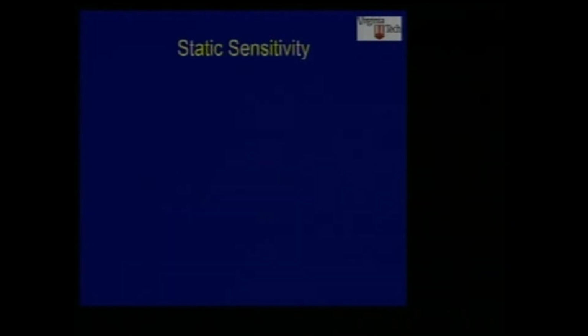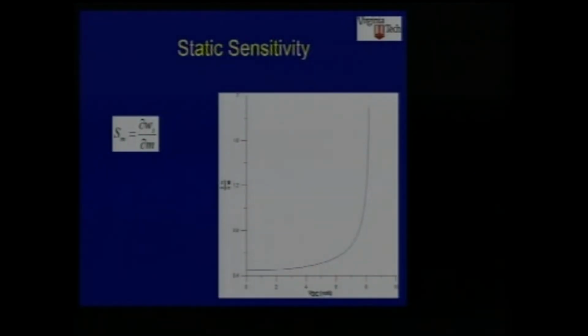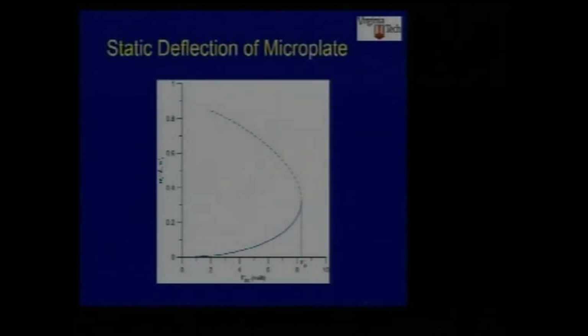So what we want to do, first of all, is a static sensitivity. Sensitivity, which is the delta W to go to pull-in. Let me go back to the curve. What we want to do is set the voltage at some place in here, close to pull-in, so that there will be some displacement, delta W, and it will get it to pull-in.